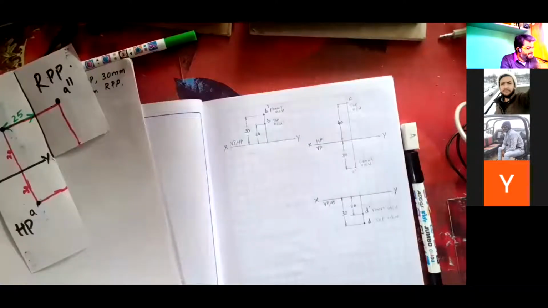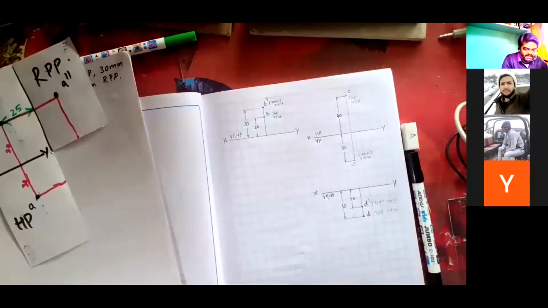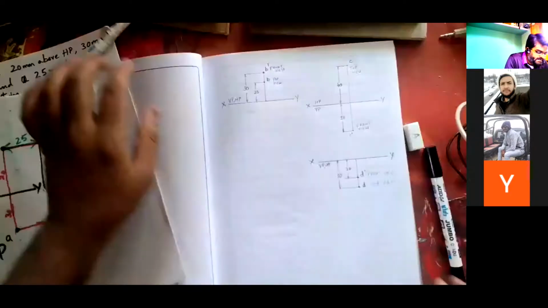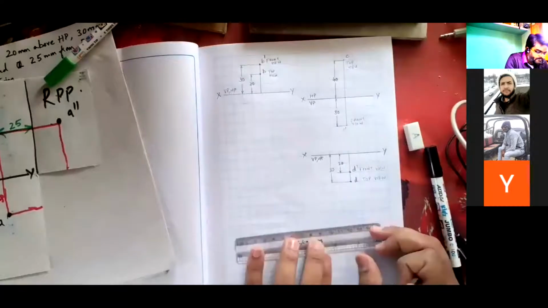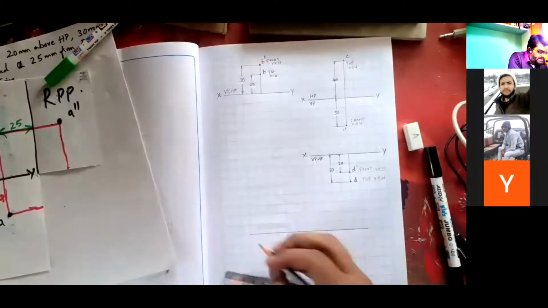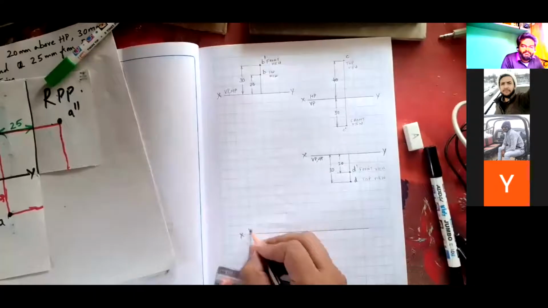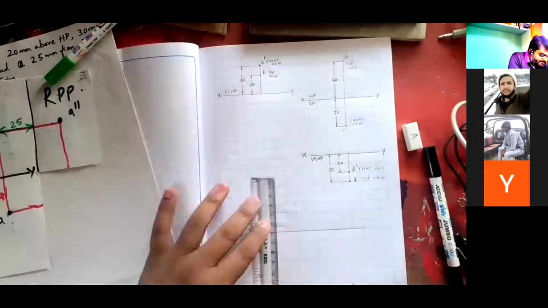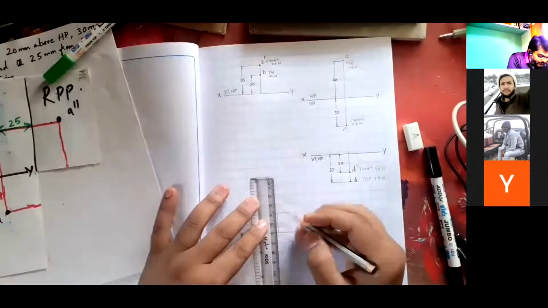Any object in the hall or the classroom, you are seeing from the left and projecting it on the right profile plane. So what I'll do here is draw the XY line, represent X, and as it is the first quadrant, I'll represent VP and HP and represent first 20 and 30.